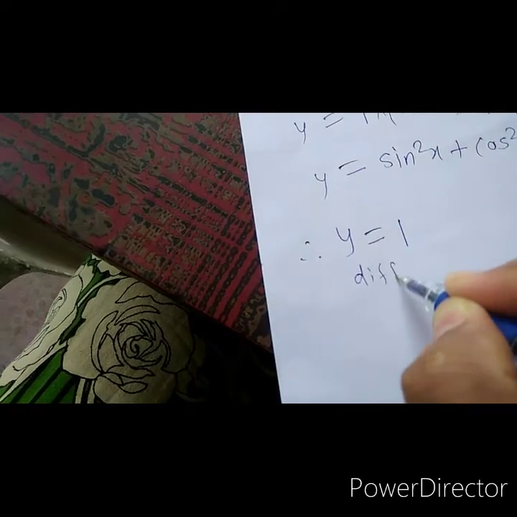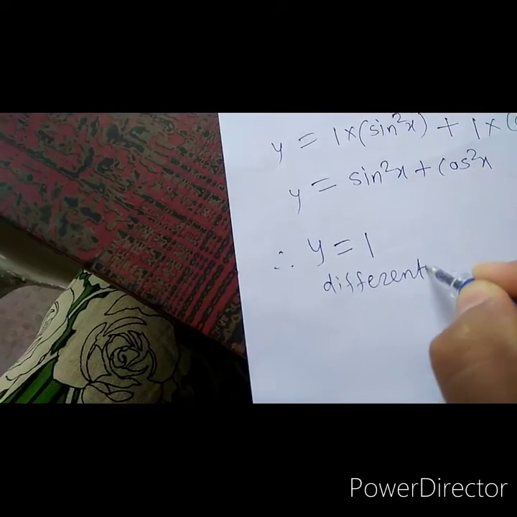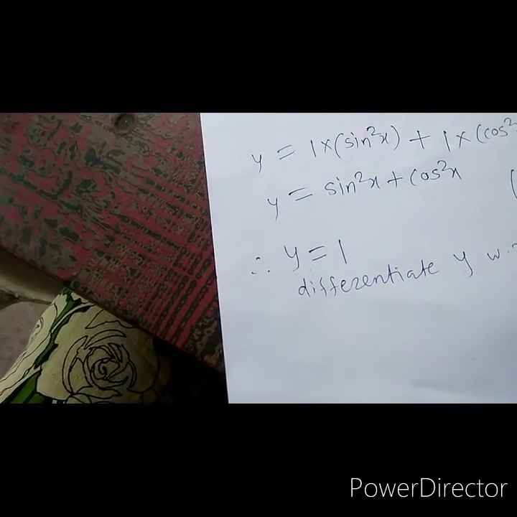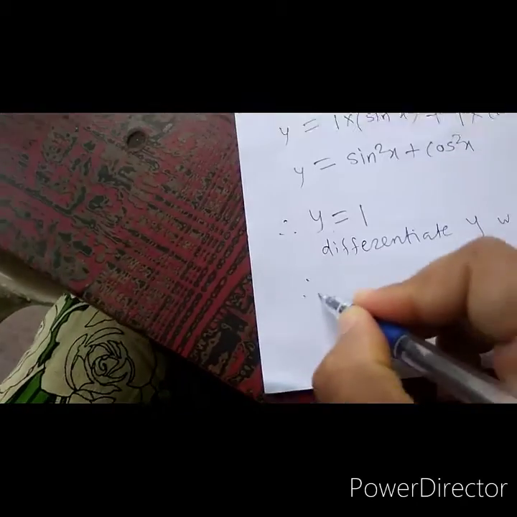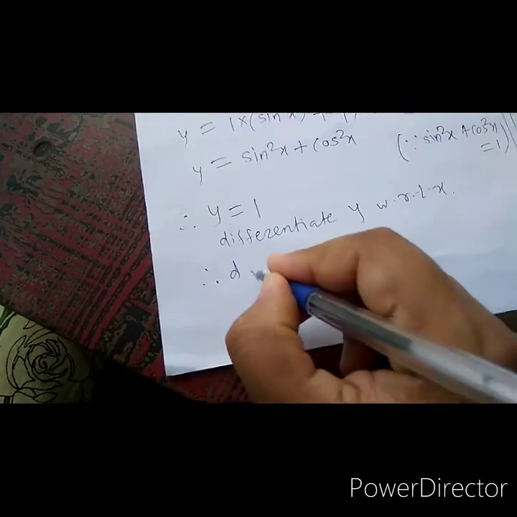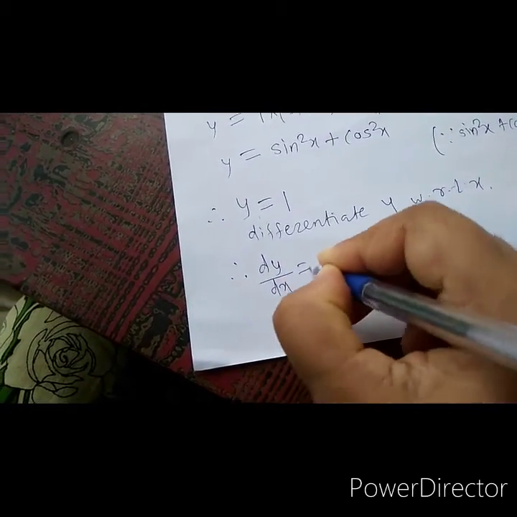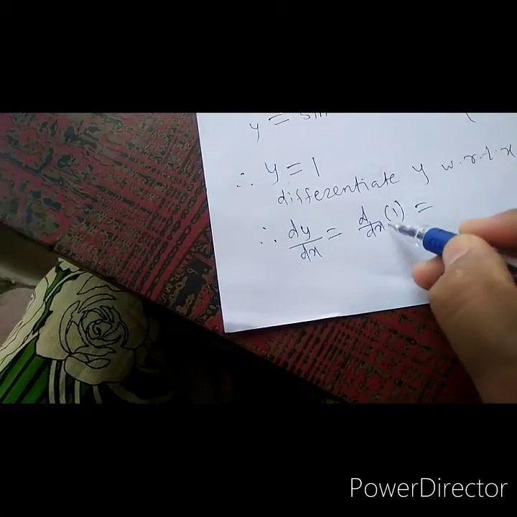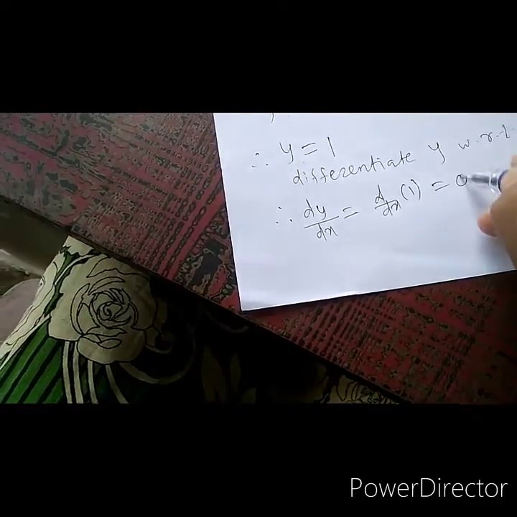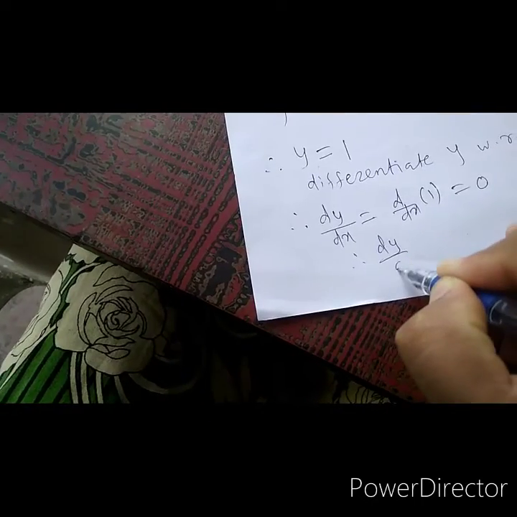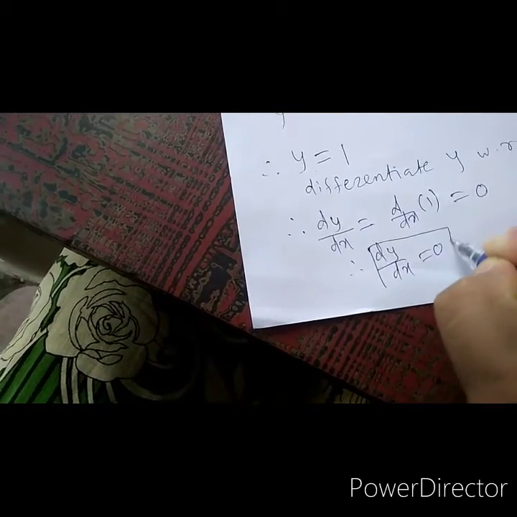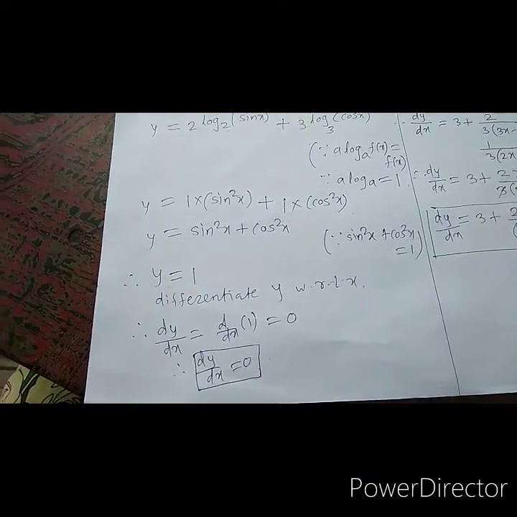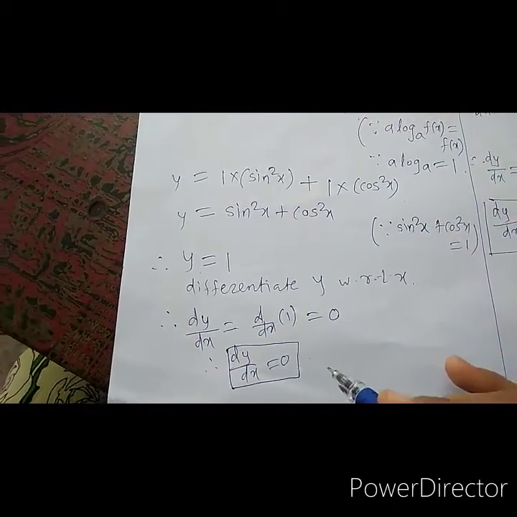Now differentiate y with respect to x, and therefore dy by dx is equal to d by dx of 1, 1 is constant term, therefore its derivative is 0, and therefore dy by dx is equal to 0.